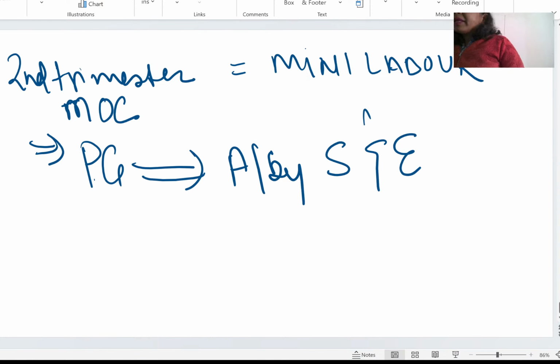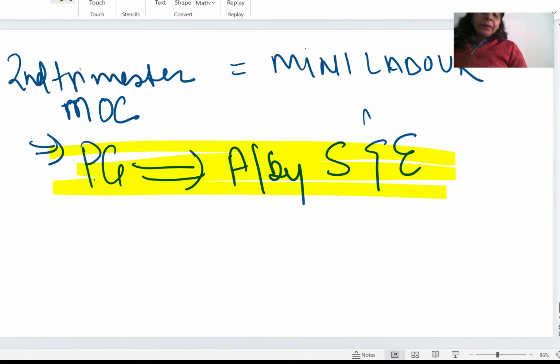What are the other methods? Recently in INI-SET they have asked you the other methods. This is the method of choice: cervical ripening with prostaglandins followed by suction and evacuation.